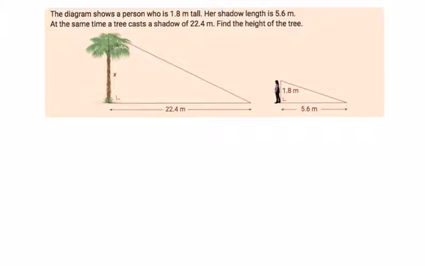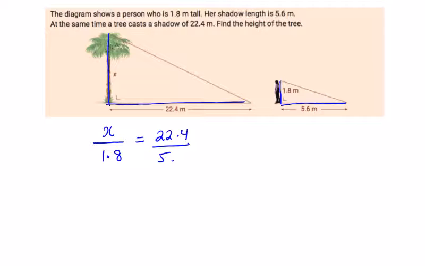Now, a real life example of this theorem. We have this man 1.8 meters tall, and we have this length of 5.6 meters. In this triangle, we have 22.4, and we have x. So we want x. What's that similar to in the other triangle? It's similar to 1.8. So that has to be equal to 22.4 over 5.6.